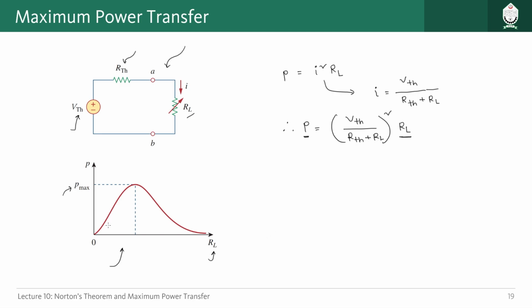This curve starts from a very low value, then as RL increases, at a certain point we get the maximum value of power delivered to our load. Then, as RL increases further, the power delivered gradually decreases. So what is the exact value of RL at which we get Pmax, the maximum power? How can we find that out?